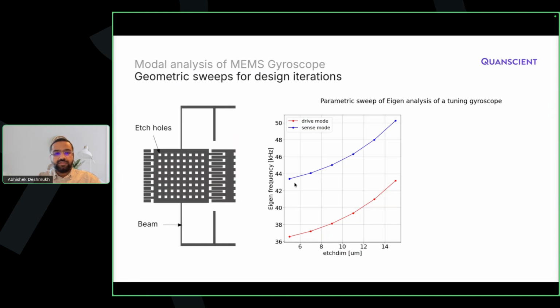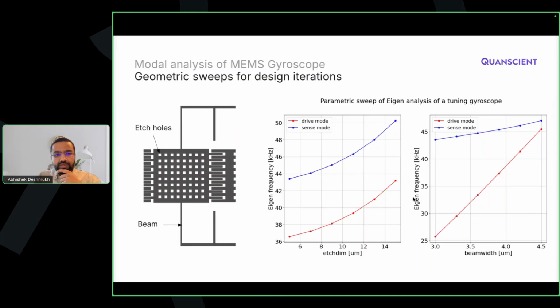Understandably, increasing the size would reduce the mass, and as the frequency is inversely proportional to the square root of mass, you can expect that the frequency will increase by reducing the mass.